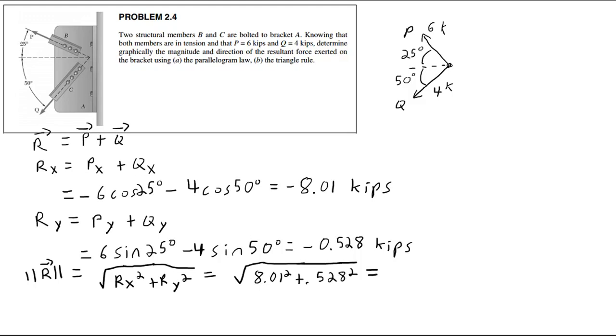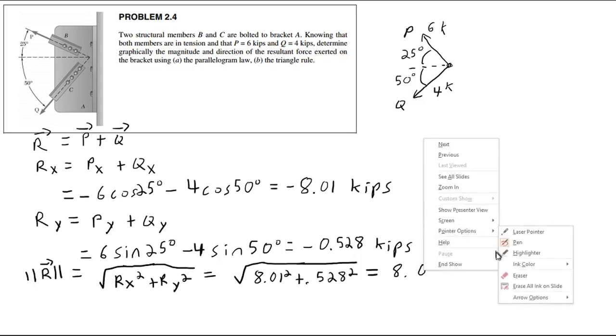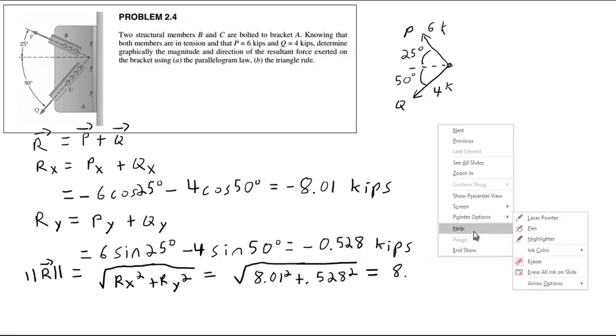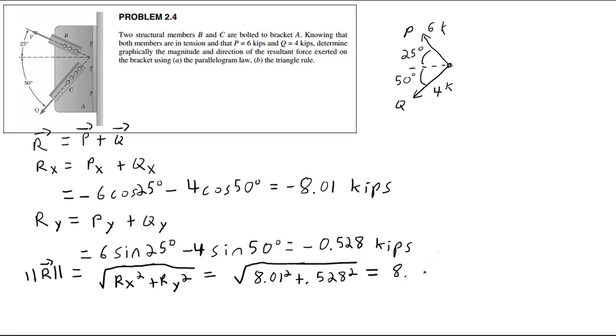And this comes to 8.03 kips, assuming I did the math correctly. And so that will be the magnitude of vector r.